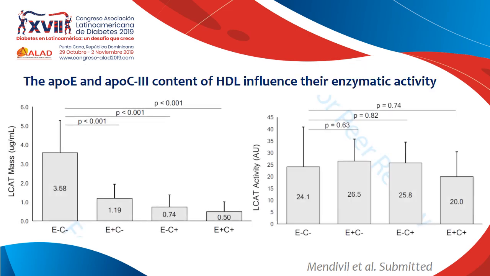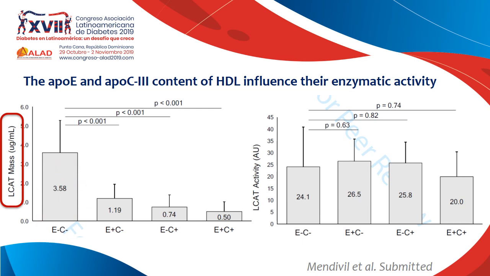And when we looked at the enzymatic concentrations and activities, this type of E-containing but not C-containing HDL, even though it has a relatively low concentration of LCAT, has an activity that is comparable to the dominating subtype, the type that has no E and no C3.